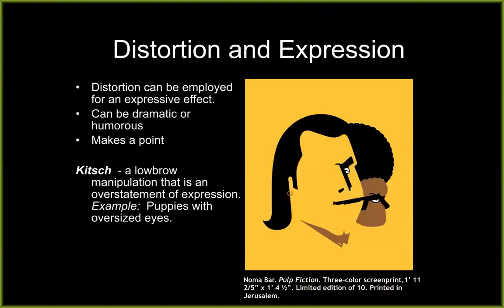In this poster for Pulp Fiction, the artist has very cleverly used just a few shapes to create these very distinctive silhouettes of John Travolta and, I can't remember his name, Samuel L. Jackson.